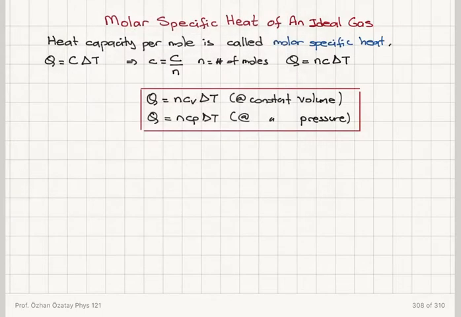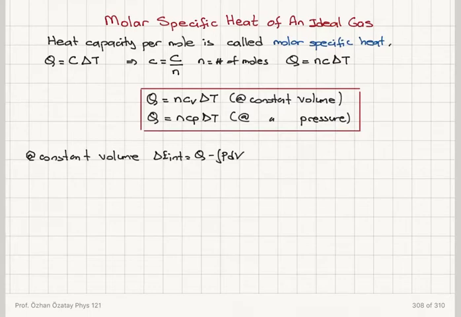So if you look at the values of Cp and Cv, for a constant volume process, if I write the first law of thermodynamics, delta E internal is equal to Q minus integral P dV from V initial to V final.